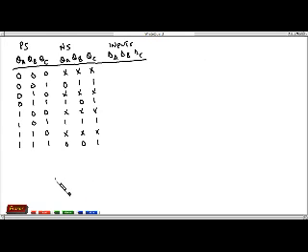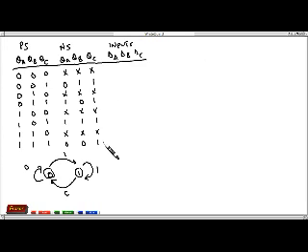Next, we use the state transition diagram of a D flip-flop to fill in the values of the inputs. So we can have the transitions as follows: a transition of 0 to 0, a transition of 0 to 1, a transition of 1 to 0, and a transition of 1 to 1, where the inputs are supposed to be 0, 1, 0, 1.